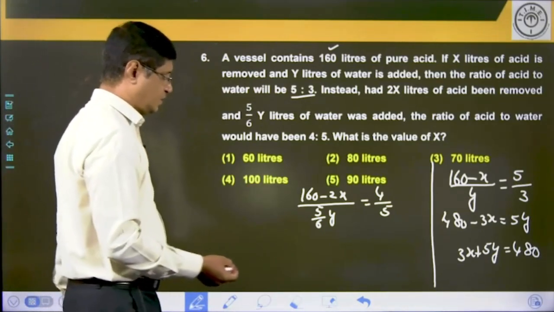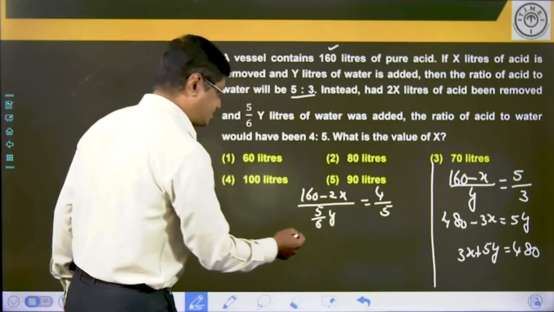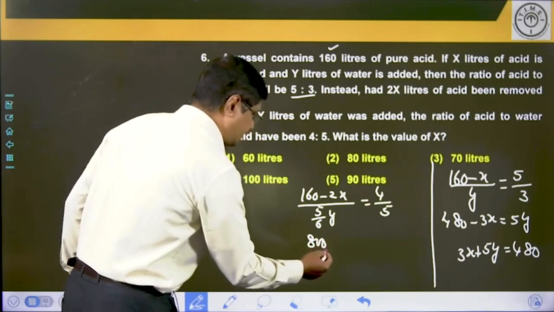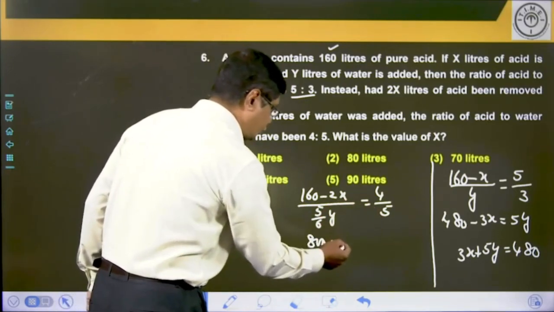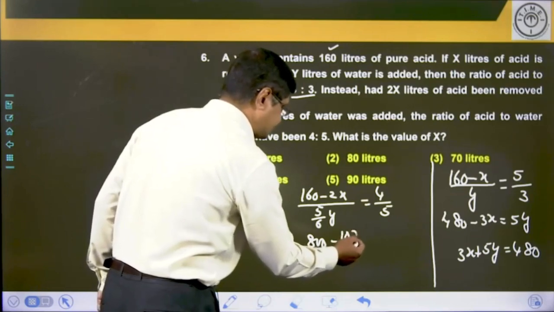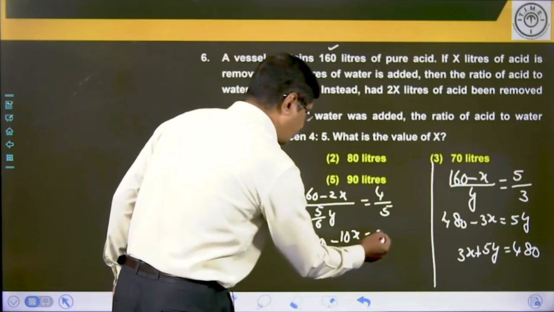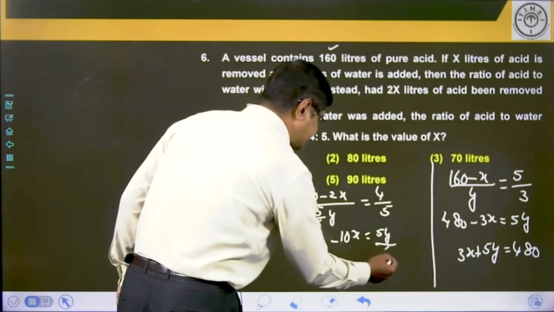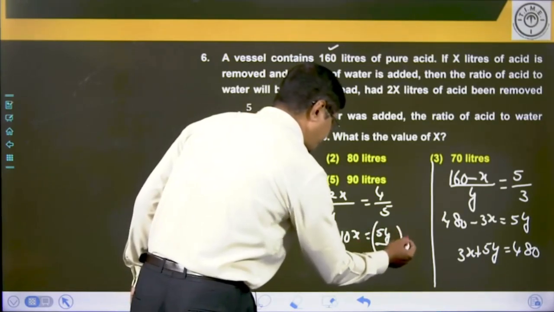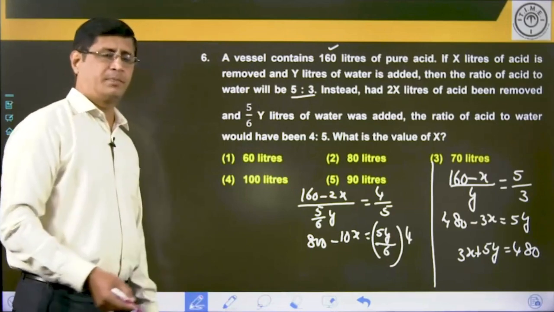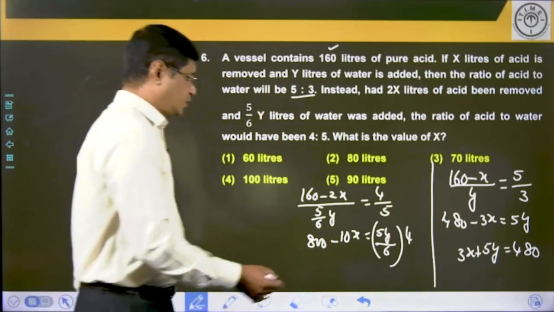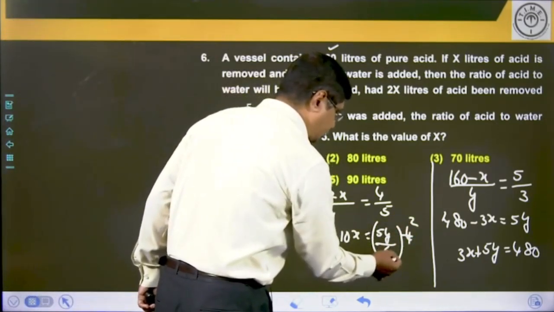Other side. 5 times of 160, that is 800, 5 into 2, 10x is equal to 5y by 6 into 4. Okay. Now solving this. 2 goes exactly 2 times here, 2 here 3 times.